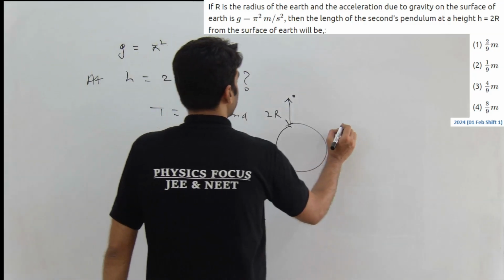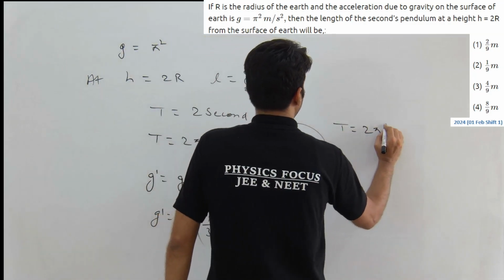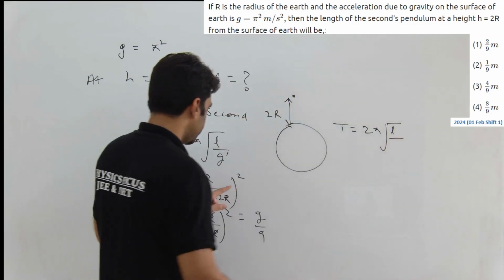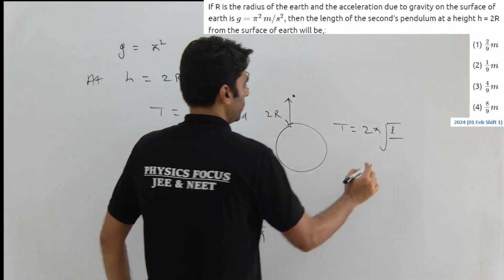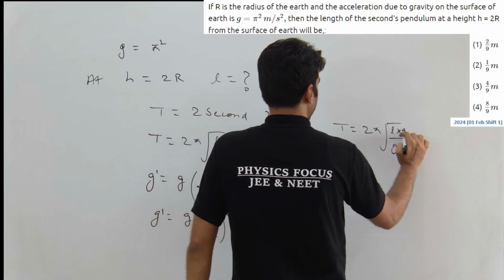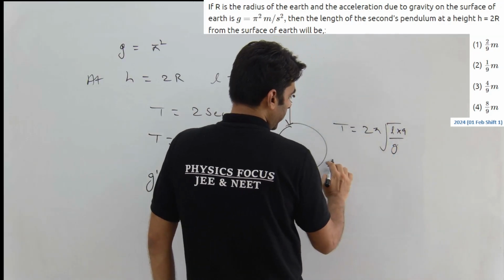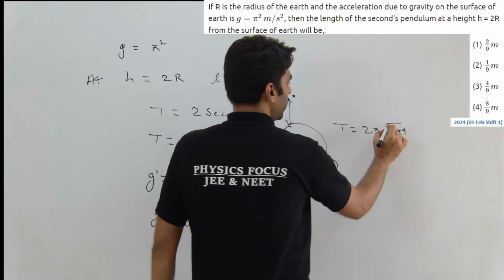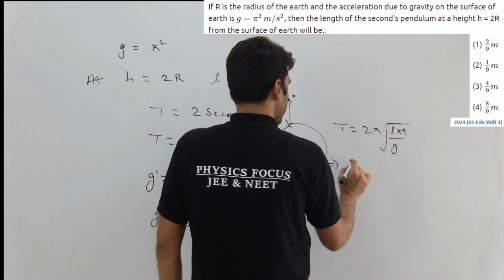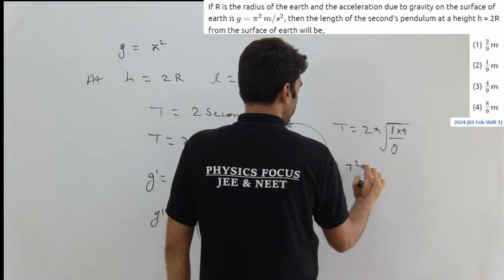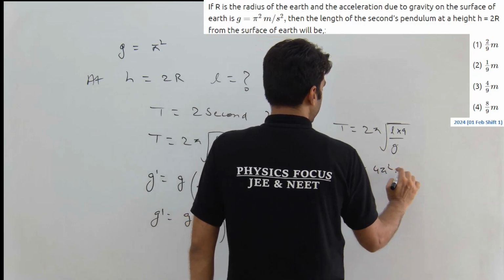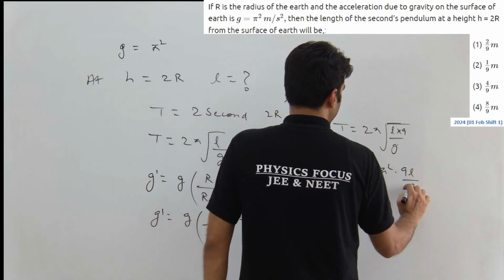Now let's substitute. Time period is 2 pi by root over L by g dash, and g dash is g by 9. We want to find out L value. So for L, we'll square it on both sides. We get T square is equal to 4 pi square into 9L by g.